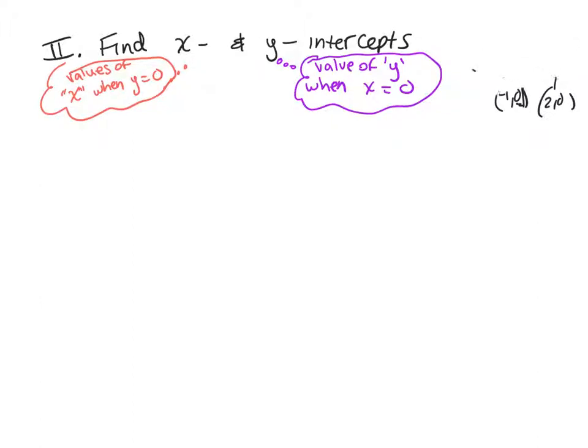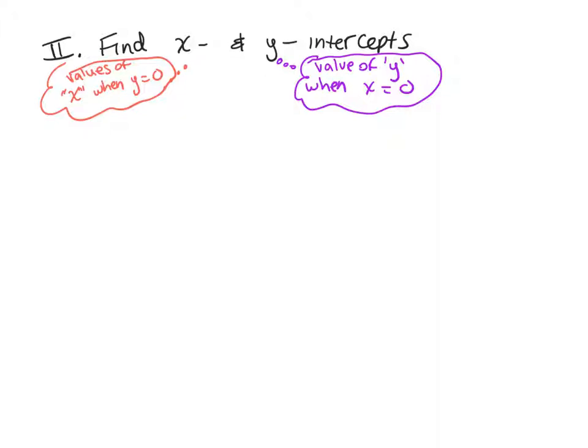Similarly with y-intercepts, if you cross the y-axis, that means you are going over 0, and you're just moving vertically. 0, 1, 0, 2, 0, 3. All of your x values are 0. So x-intercept is the value of x when y is 0. Y-intercept is the value of y when x is 0.